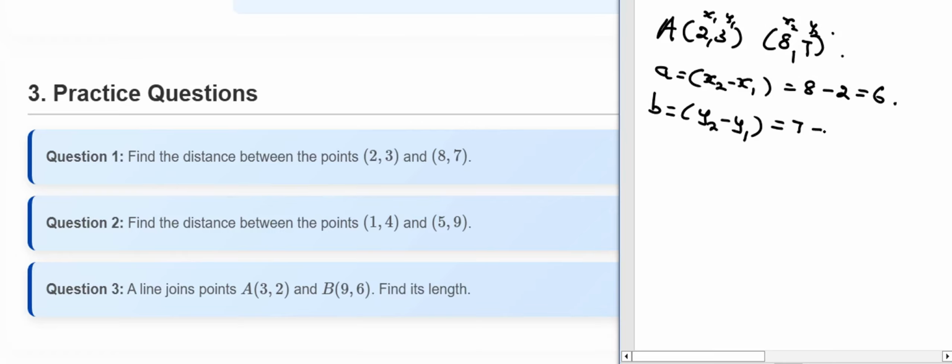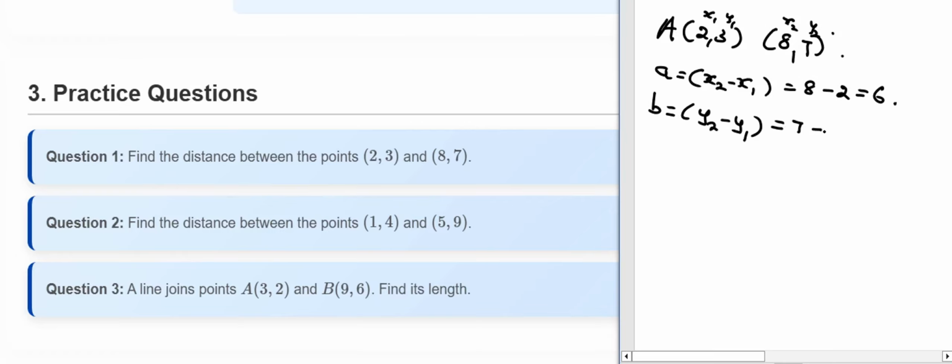So what is the square root of 41? Just go to our calculator. The square root of 41 is 6.40, and that's our distance between these 2 points.